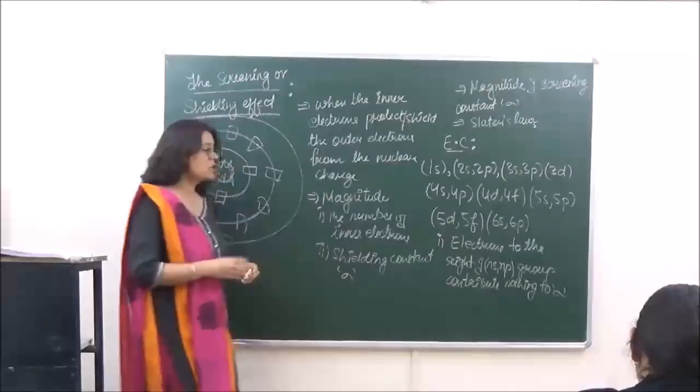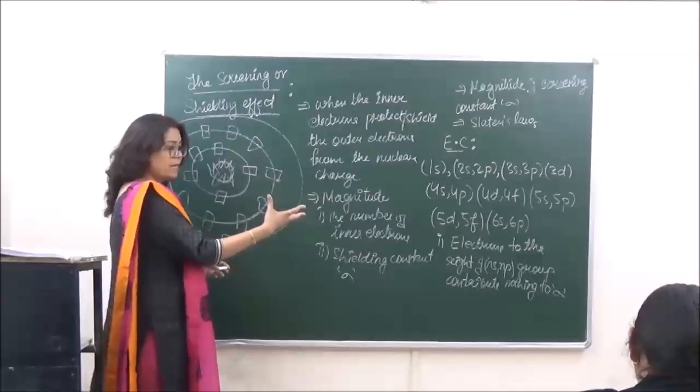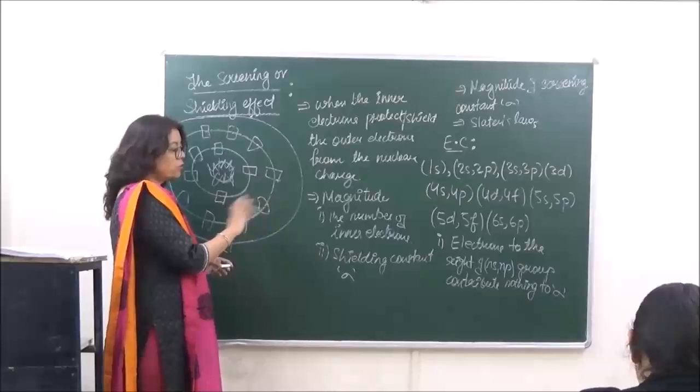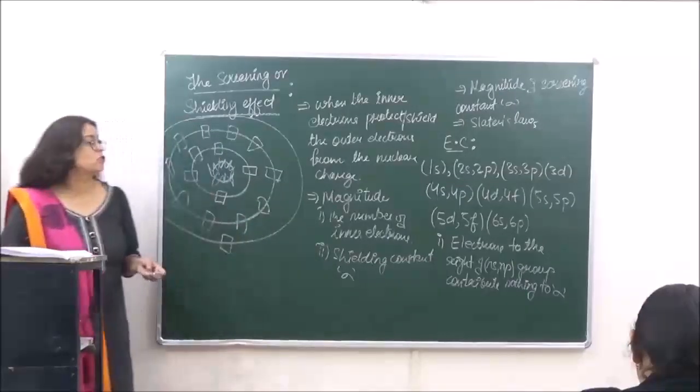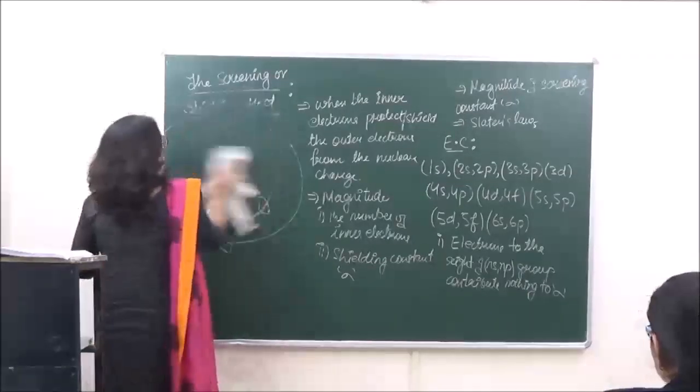So all the electrons which are to the right of the ns np group are going to contribute nothing. We will do examples also to make it more clear.